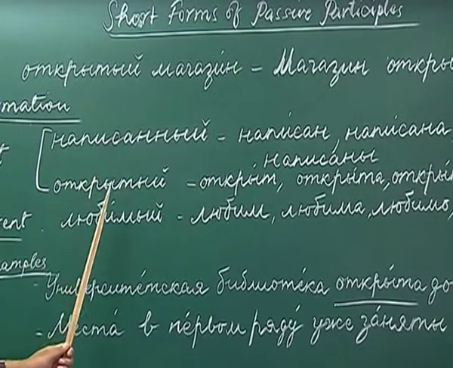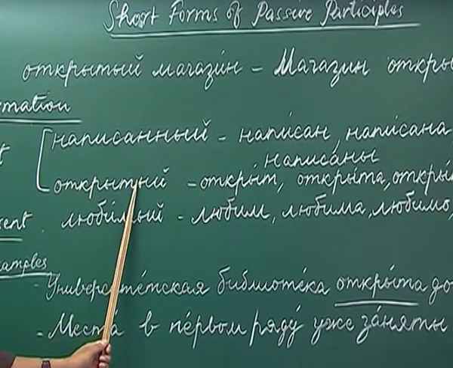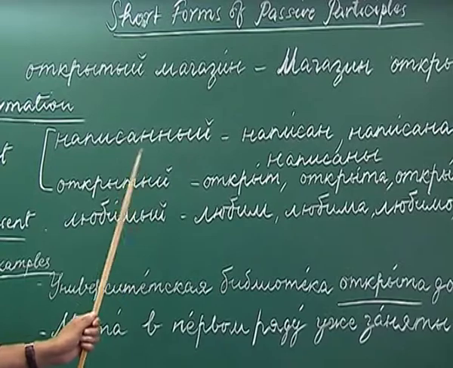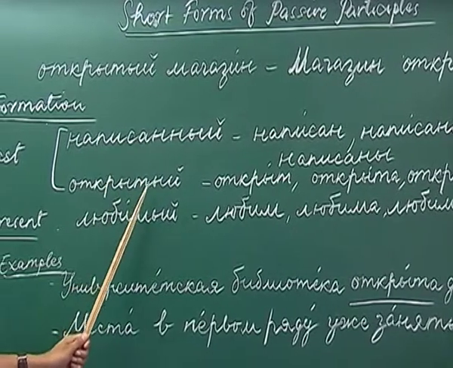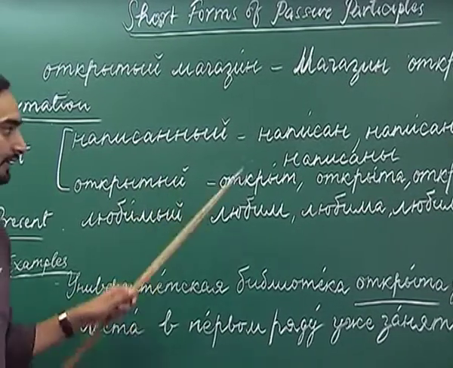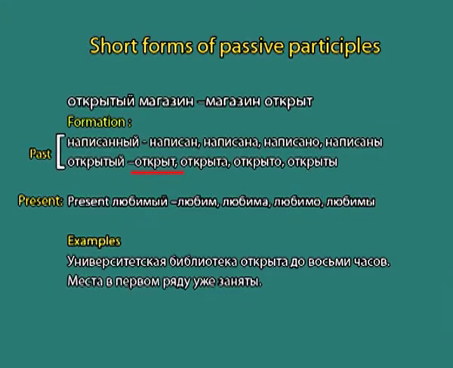What do we do? We just remove the adjectival ending that we had added while forming the passive participle, and you will get the masculine form открыт. Add а to get its feminine form открыта, add о to get its neuter form открыто, and add ы to get its plural form открыты.